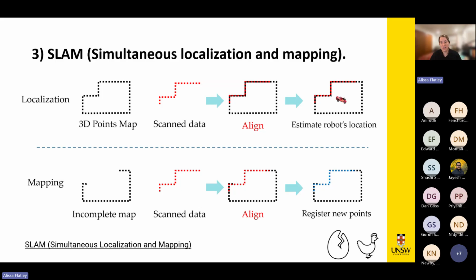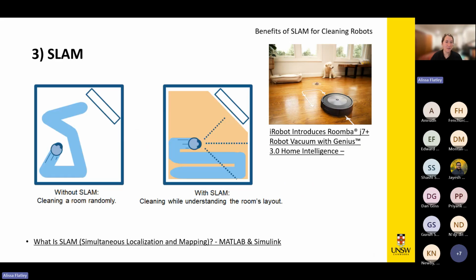So it's known as the chicken and egg problem. So development of SLAM technology has contributed to solving this problem, and this can enhance the accuracy and the efficiency of mobile mapping.